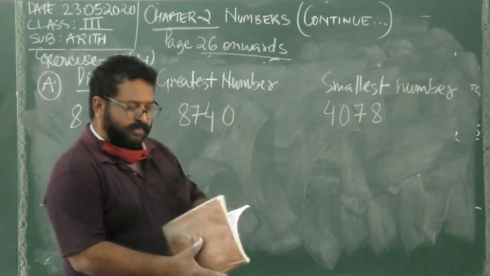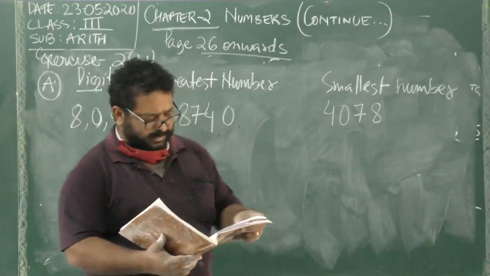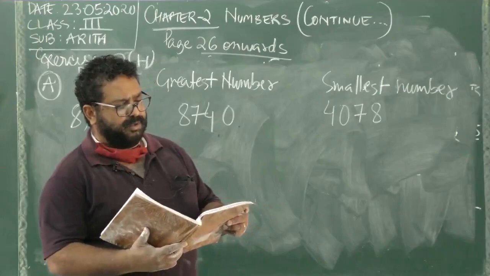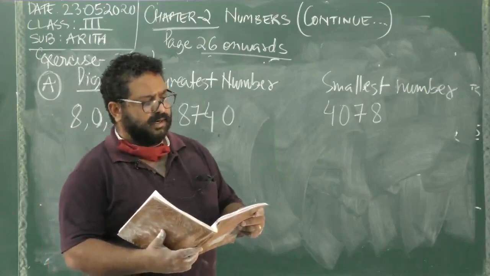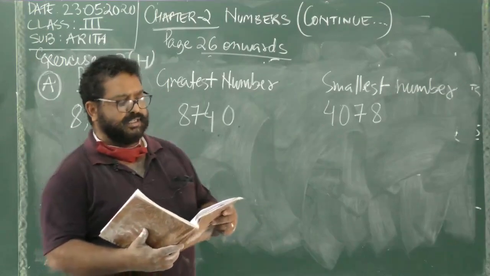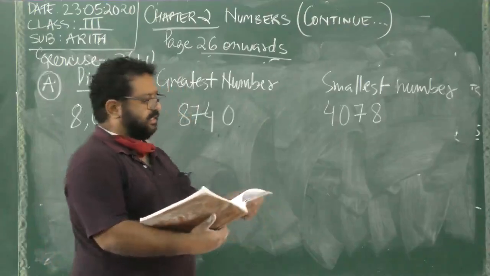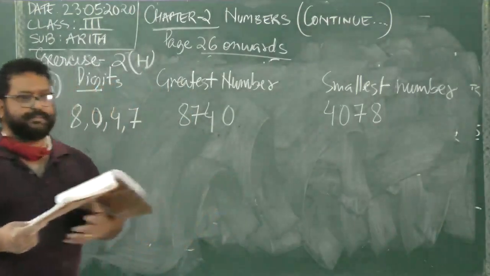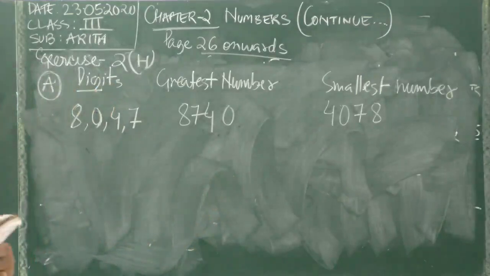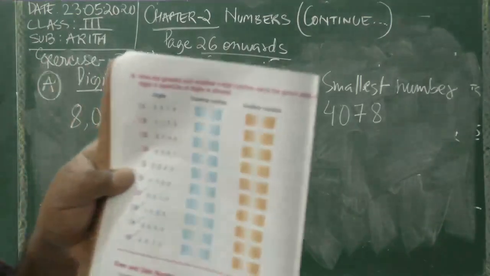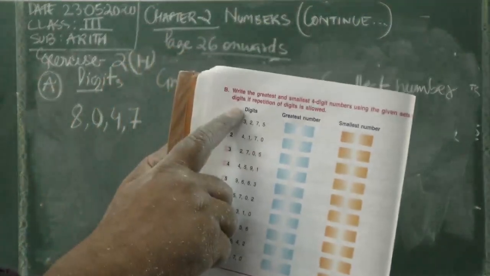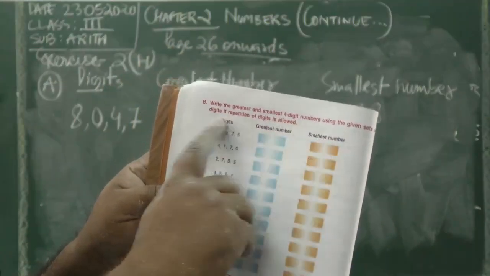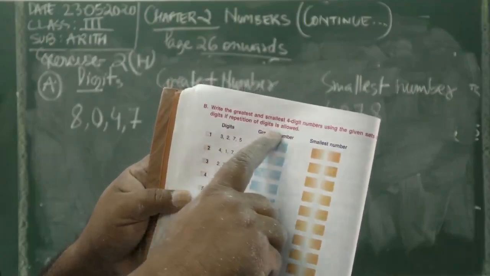All right, this finishes page number 35. Page number 36. Write the greatest and the smallest 4-digit number using the given sets of digits if repetition of digits is allowed. So in the next exercise B, we can see that we write the greatest and the smallest 4-digit number using the given digits if repetition of digits is allowed.